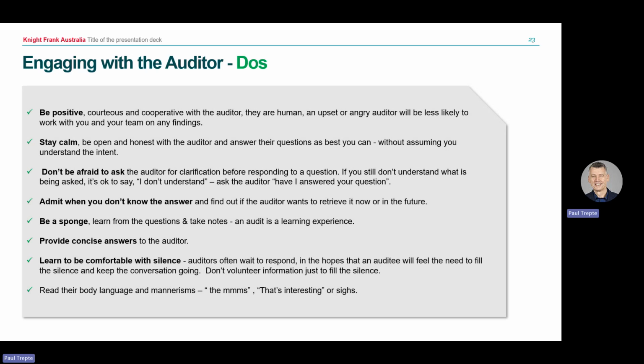And one of the things to be very careful of is don't assume that you understand the intent of the question. Because sometimes auditors have a different thought process from you, and you may be predicting the audit trail that they're going to go down by asking a particular question, and you may be wrong. Having said that, with experience of being audited, you will tend to learn the trails that an auditor may go down from his question.